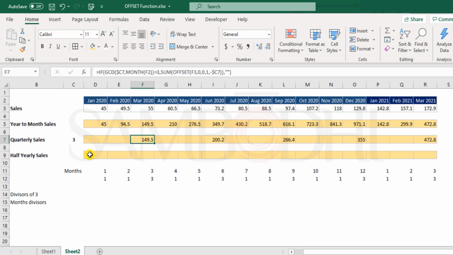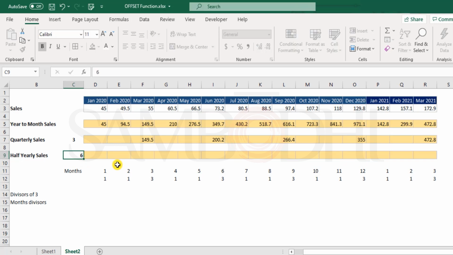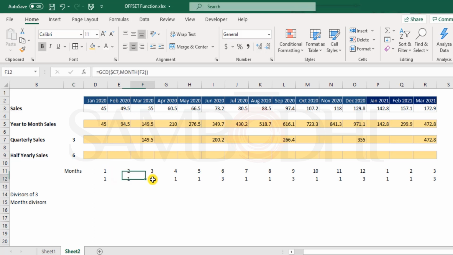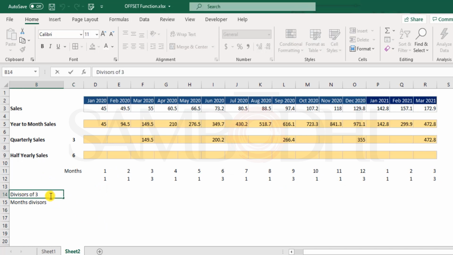Try the same thing for half yearly sales. Now for half yearly sales, it's 6, because there are 6 months in half a year. So this time instead of 3, we have 6. Let's try this with 6. So we need the divisors of 6 and the month divisors.